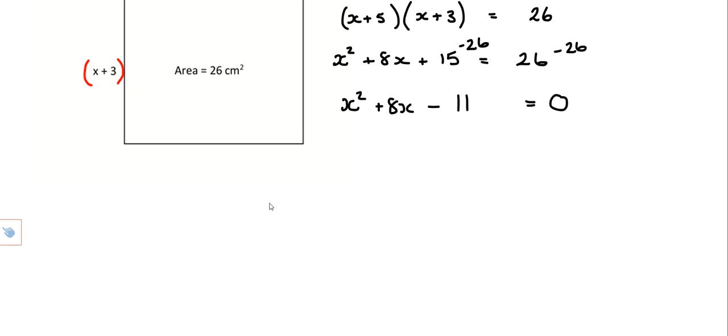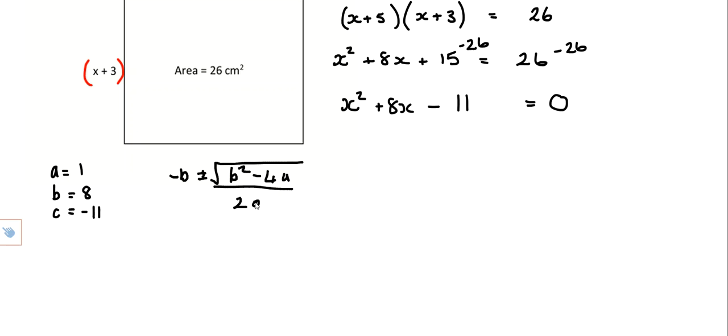So quadratic equation. So a is 1, b is 8, c is negative 11. So we've got the formula: minus b plus or minus the square root of b squared minus 4ac, all over 2a.